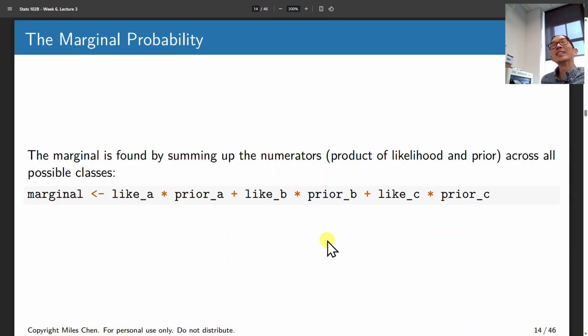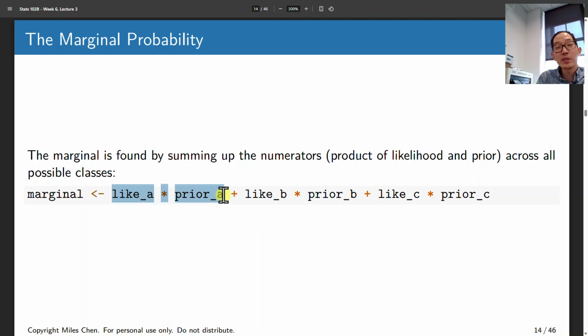In this particular case, because everything is balanced, it's not necessary to include it, but just for good practice, we'll include it. The marginal probability will be found by taking the numerator, which is the likelihood times the prior, and we add them up across all of the different possible classes.